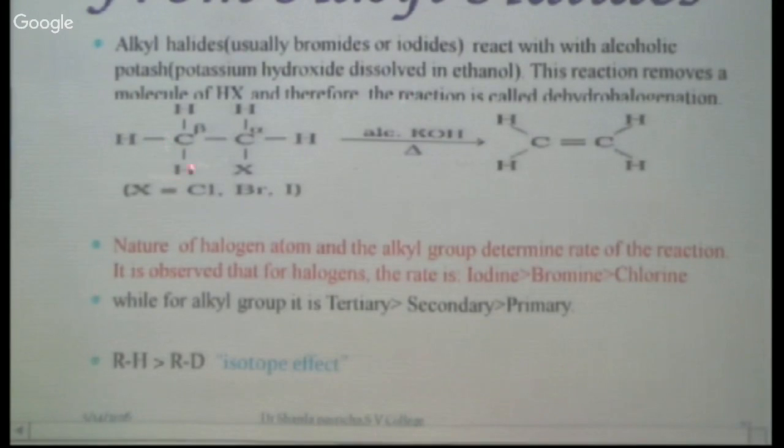So one hydrogen and one halogen lost from the adjoining carbon, and you get the corresponding alkene being formed as the product. Okay? The order of elimination of halogen is iodine greater than bromine greater than chlorine, and the ease of loss of hydrogen follows the order tertiary greater than secondary greater than primary.